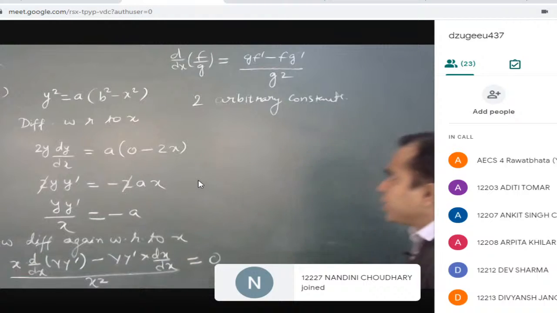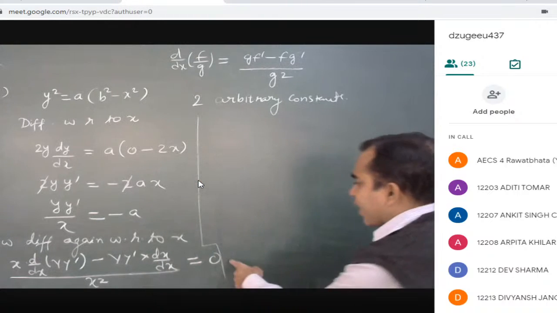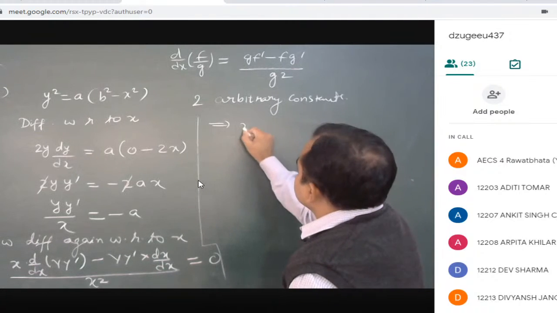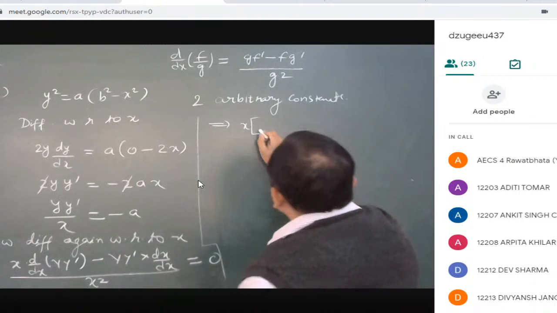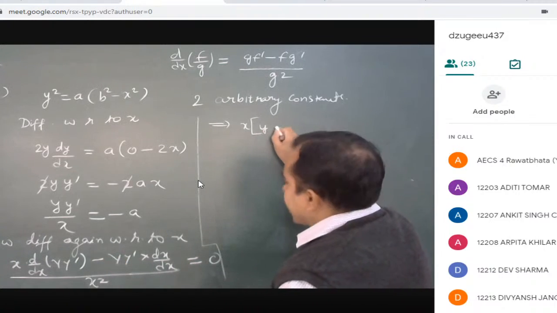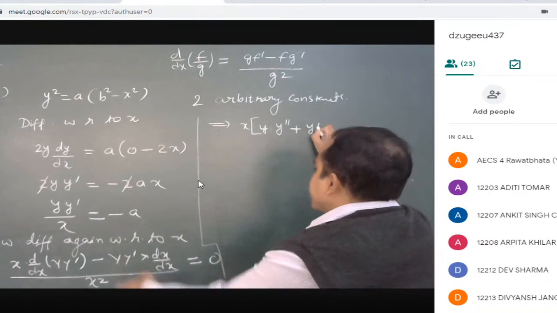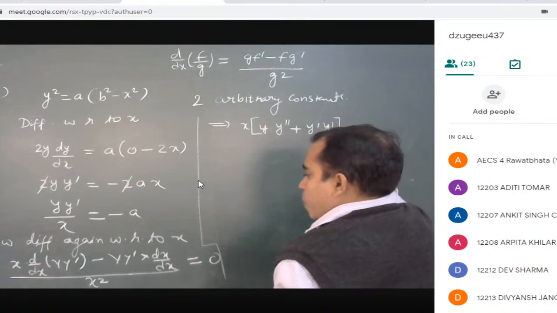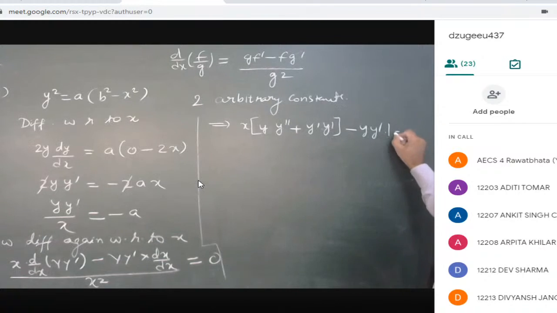Now let us move ahead. Yes, this x square I am going to multiply with 0. It will be 0 on the right hand side, and this, let us open d upon dx of y dash, y as it is. y dash differentiation will be y double dash plus y dash as it is, and the other y differentiation will be y dash, one more, minus y dash into dx upon dx is 1 is equal to 0.